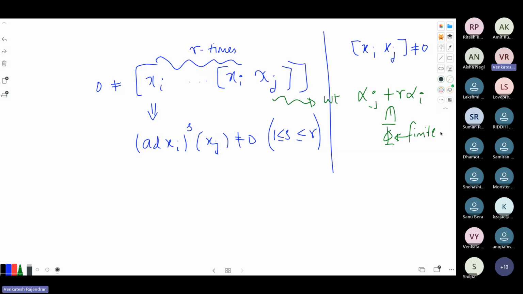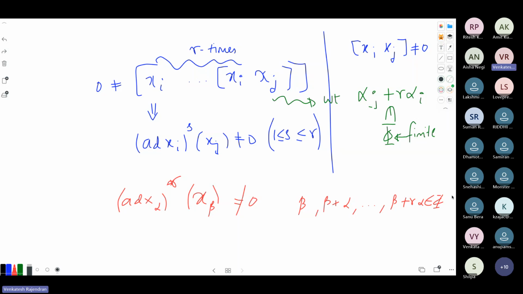So if I start with x beta, and then keep applying ad x alpha, powers, you see where it first becomes 0. Then you choose the minimal or maximal power such that this is non-zero. Then you can see that beta, beta plus alpha, and so on up to beta plus r alpha will all be roots.